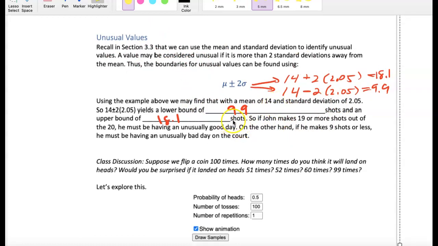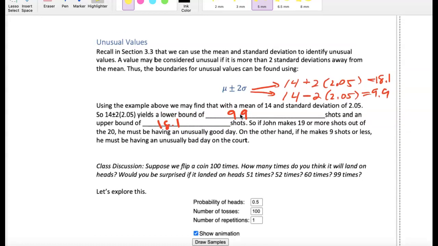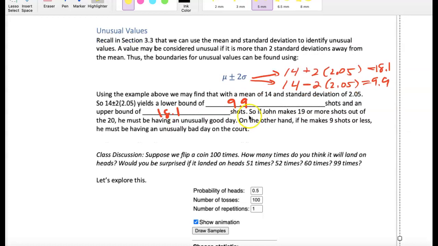Now, what would be unusual? Unusual would be anything below 9 or above 18. If that happened, we'd say something's up. That would lead us to question the outcome, or say maybe something else is going on. Maybe he's improved, or he's gotten worse. If you start to see his numbers more often go past 18 or stay below 9, a change has happened.